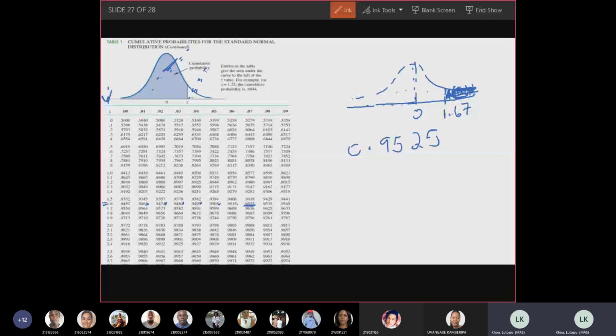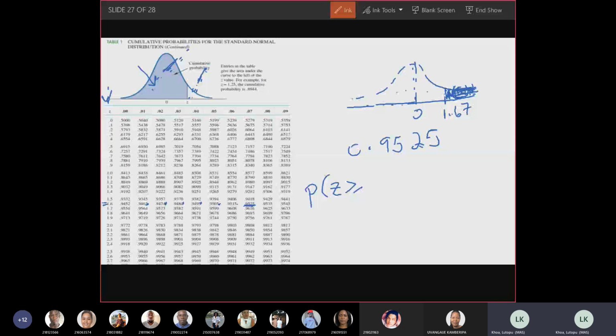But this value, this is the blue that is shaded over here, but that's not the area that I am looking for. The area I'm looking for is the one that is not shaded in the diagram. So to get the area that is not shaded in the diagram, I will say the probability that Z is greater than or equal to 1.67 is equal to 1 minus 0.9525.